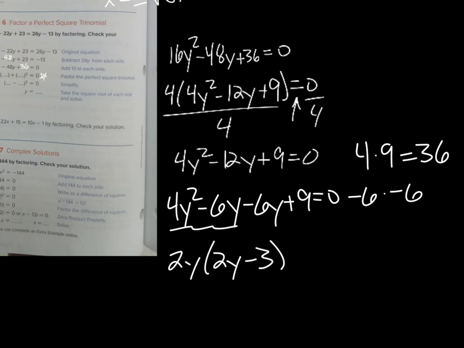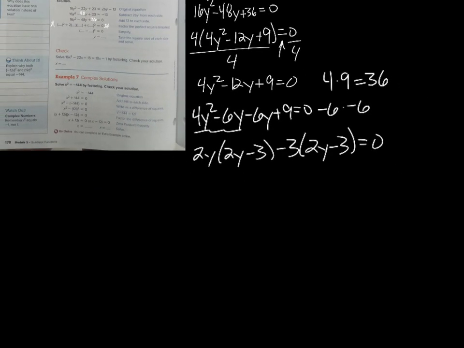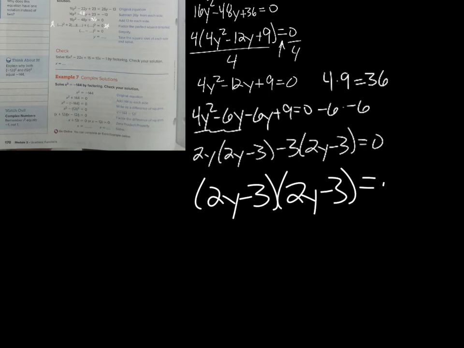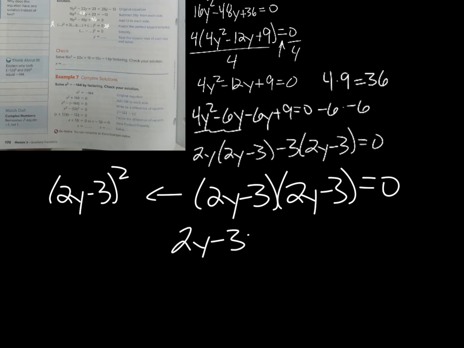And we're going to take out a -3 here, and we're left with 2y minus 3. It is set equal to 0. I would pay attention to that and carry it around with you. And then we have 2y minus 3 and 2y minus 3. Notice that they're both the same. You can rewrite it as 2y minus 3 squared if you want, but there's really no need because we're going to set both of them equal to 0 anyway.